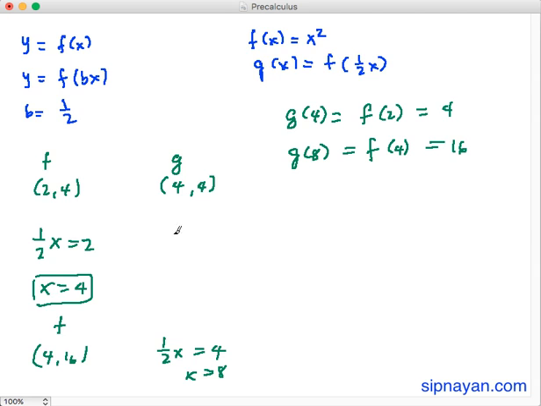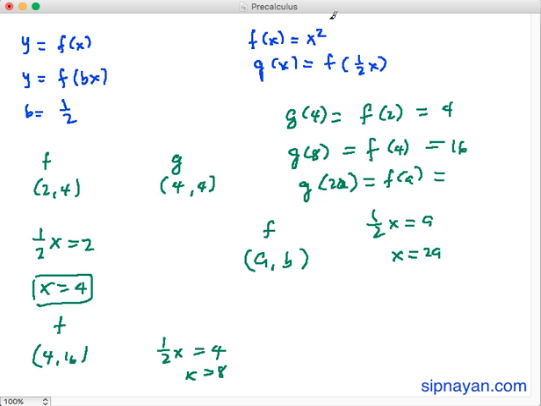So in general, if you have a point on f which is (a, b), equate natin to sa 1 half x. 1 half x equals a, which means that x equals 2a. Ibig sabihin, g of 2a is equal to f of a. And in this particular function, this is a squared. Okay? So this is 2a.